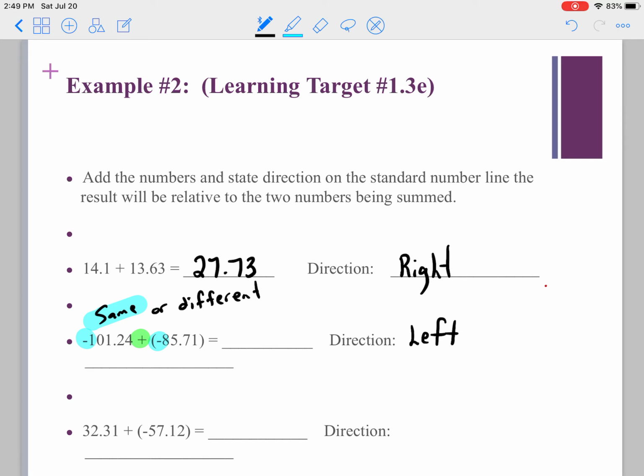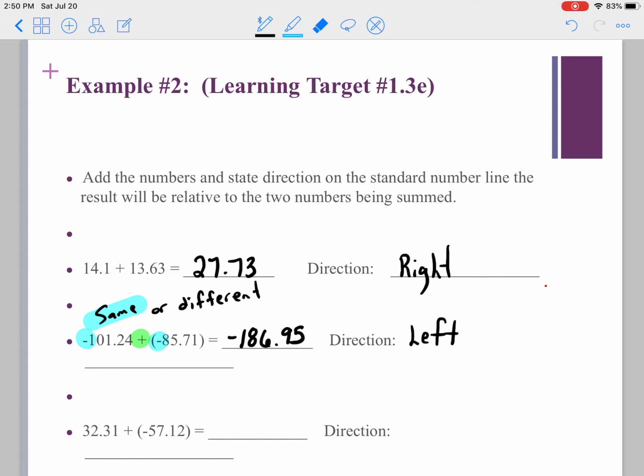And the result in this case will be negative 186.95, which is a smaller number than either of those. And we know that as we move to the left on the standard number line, the numbers decrease in value. And so we are correct once again.